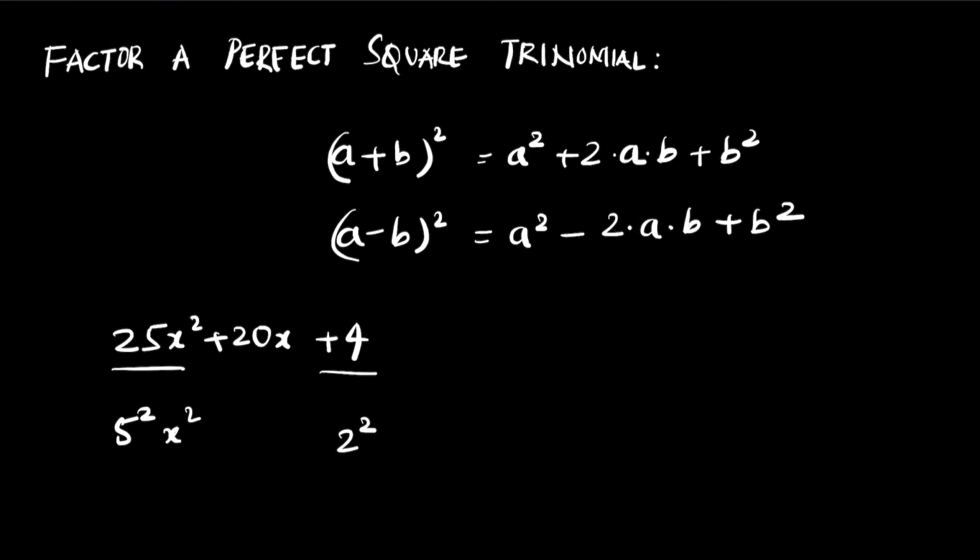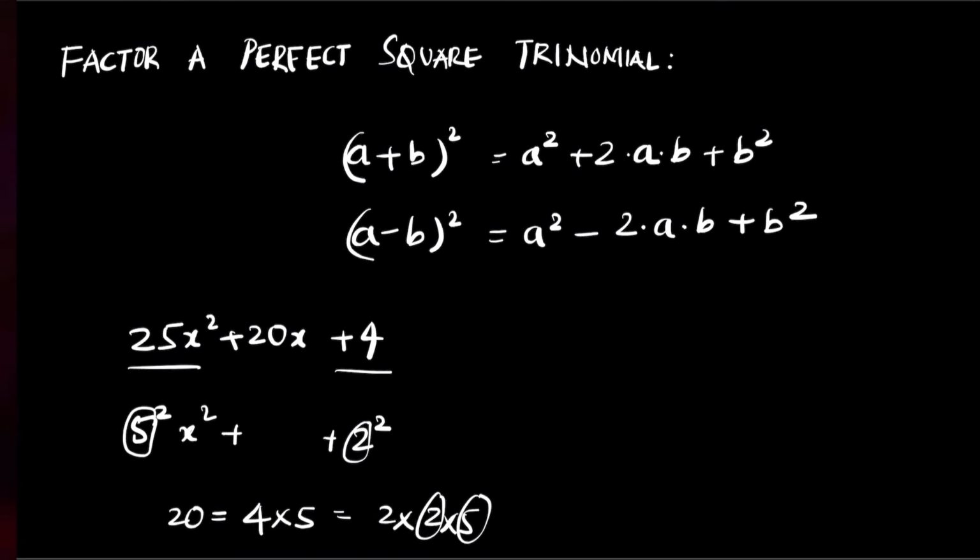Now, in the middle part, try to find its factors. 20 can be written as 4 times 5, and 4 can be written as 2 times 2, so 20x is 2 times 2 times 5 times x. Notice that the factors you are using, a and b, appear in the value, and there is a 2 there.